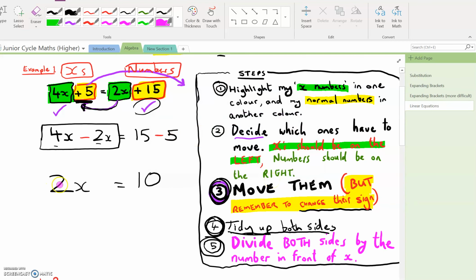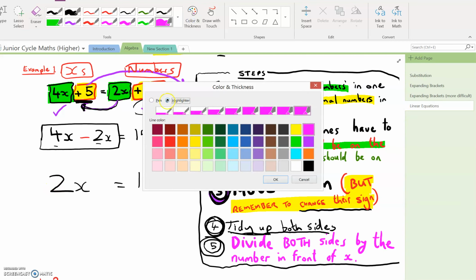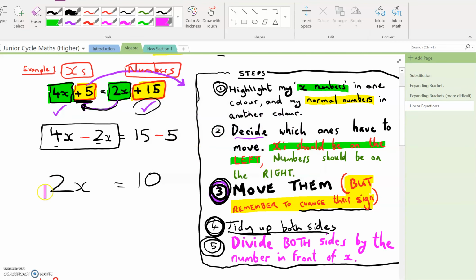The 2 is in front of the x. So we're going to need to divide both sides by 2. We're going to need to divide the left hand side by 2 and the right hand side by 2. And when you do that, this will cancel with this, and you'll just be left with x on this side.